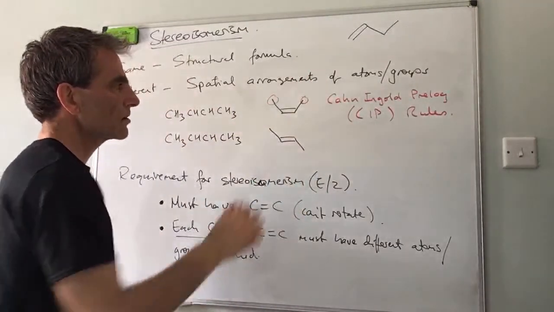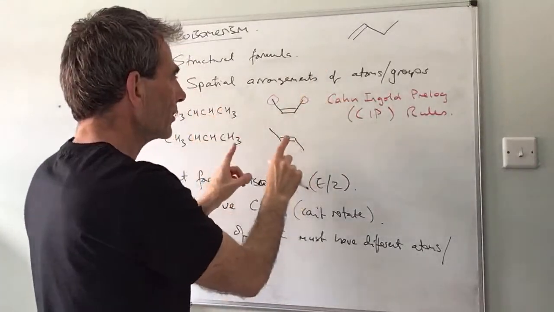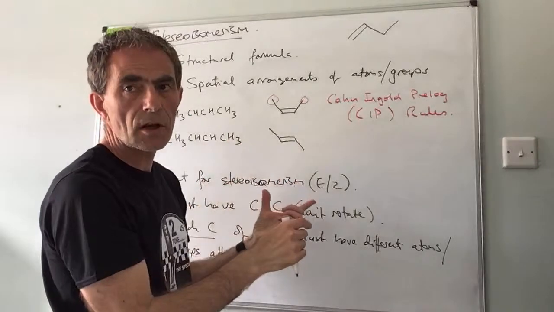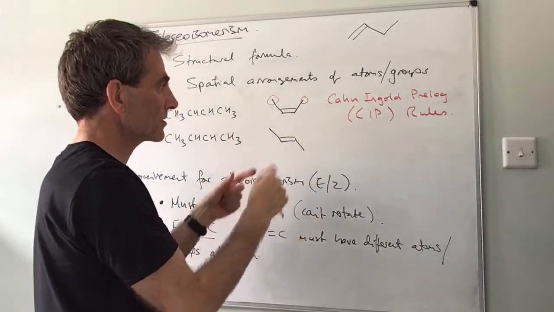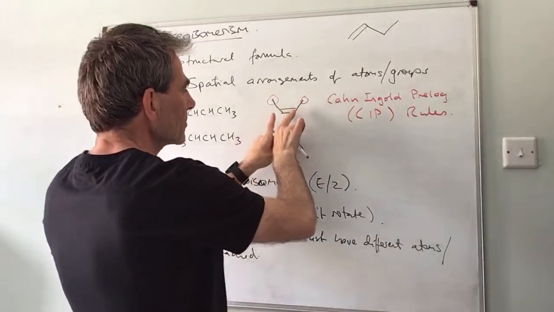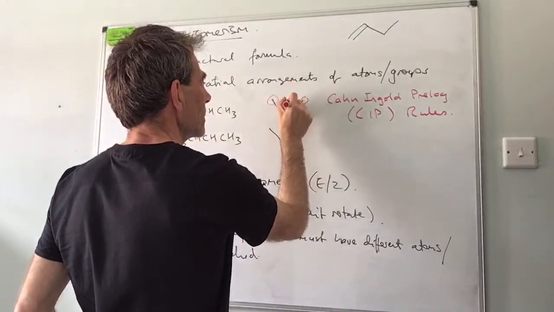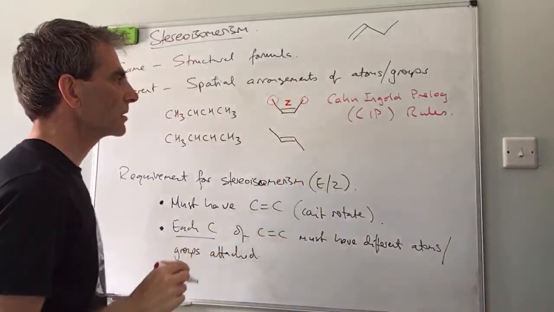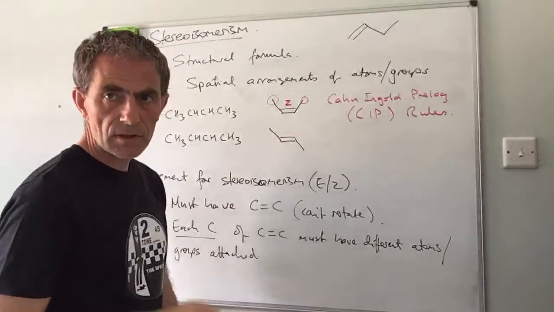Okay, so when the priority groups are on the same side of the double bond, it comes from a German word for together, zusammen, it takes the Z name, okay? So when the priority groups are on the same side of the double bond, we call that the Z isomer. Okay, so this will be called Z-butene.